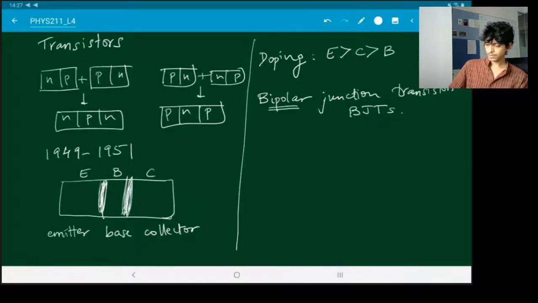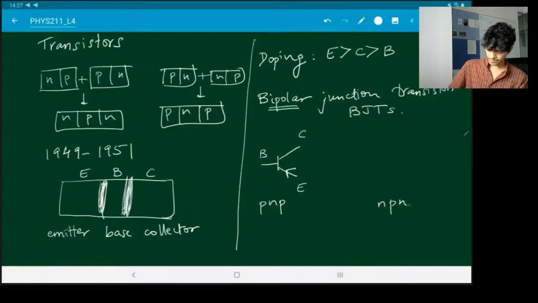In a circuit, what is the symbol that we use for transistors? It looks like this. If you have a PNP transistor, this is collector, base, emitter, and you have an arrow pointing inwards.